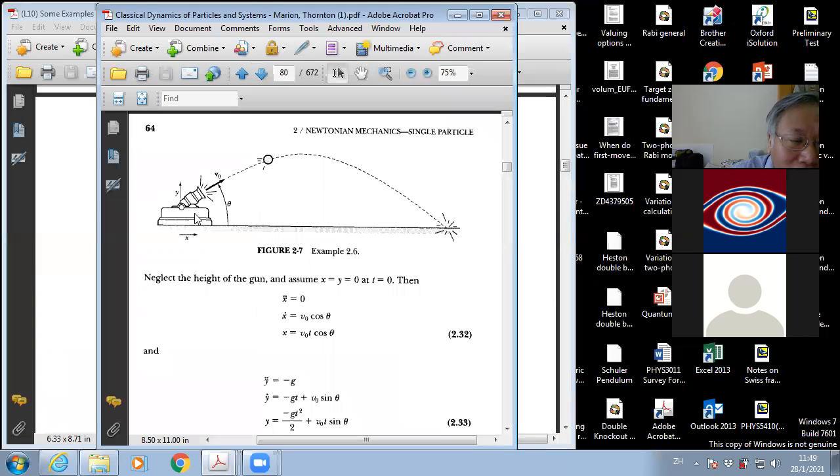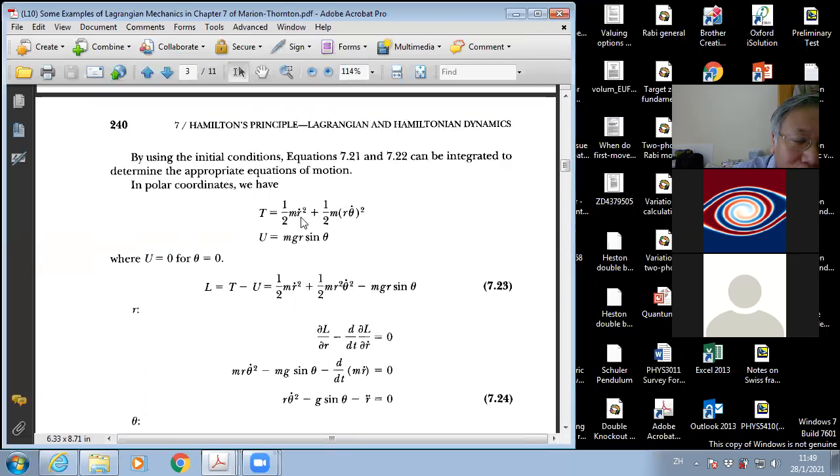So here we have r, the radius is increasing, and also the angle is changing too. So kinetic energy due to the radial direction, and due to the angular direction. How about the potential energy? y is equal to r sine theta.